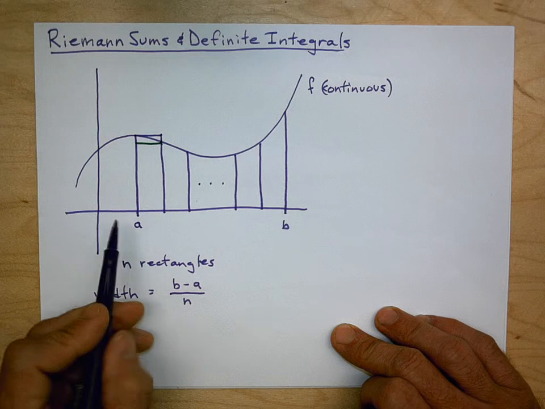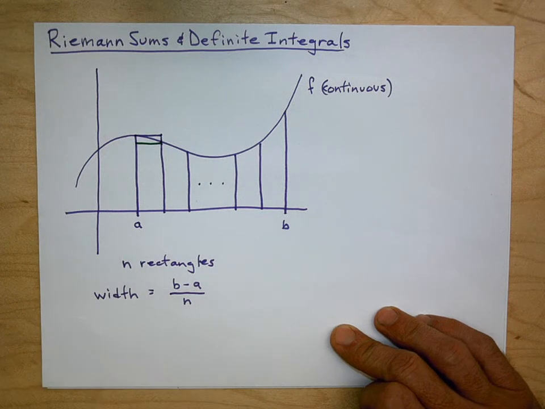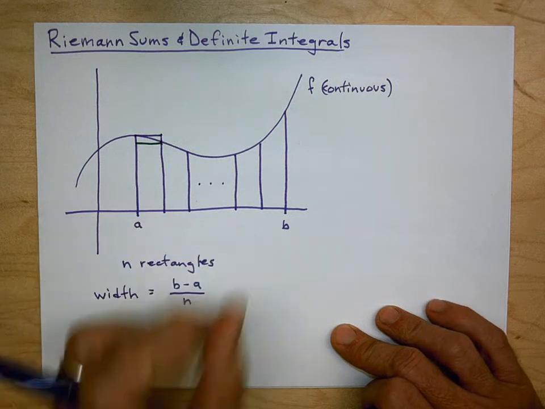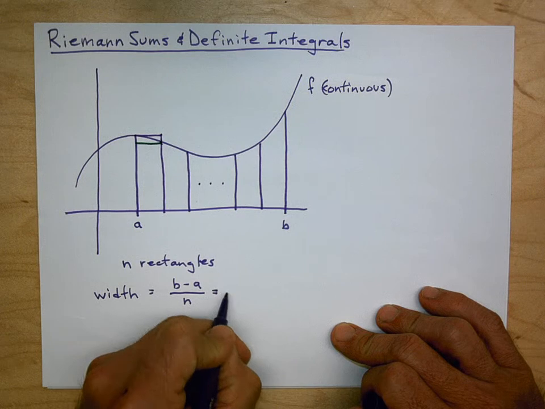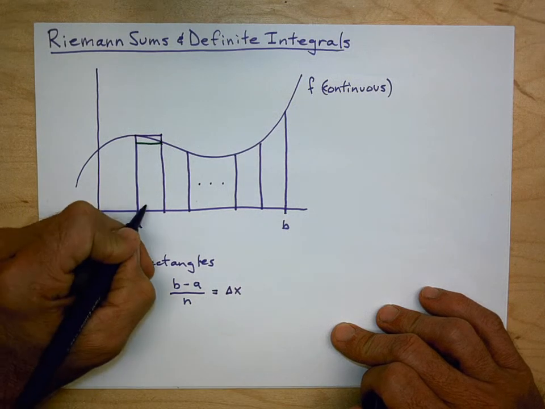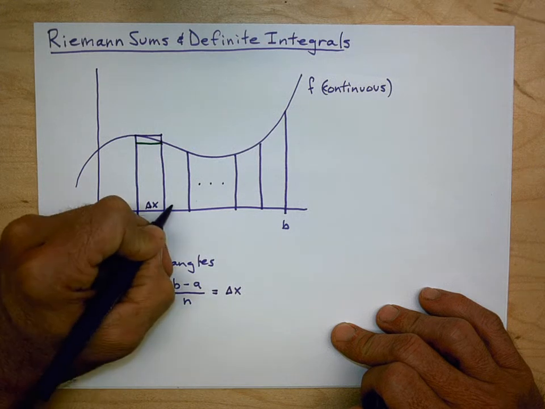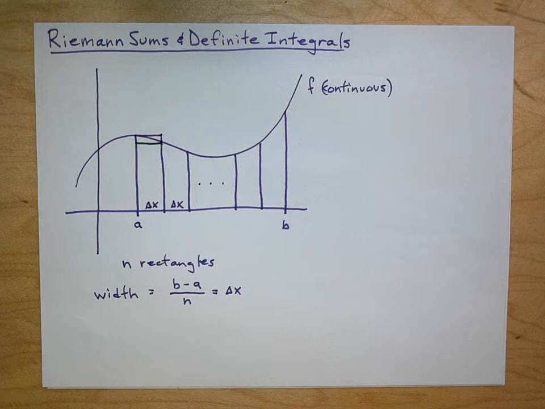If we were going from, say, 0 to 10, and we had 10 rectangles, then the length of each of these sub-intervals would be equal to 1. We use the notation delta x to denote the width of each of these rectangles. So the width here is delta x, and this is delta x, and so on.